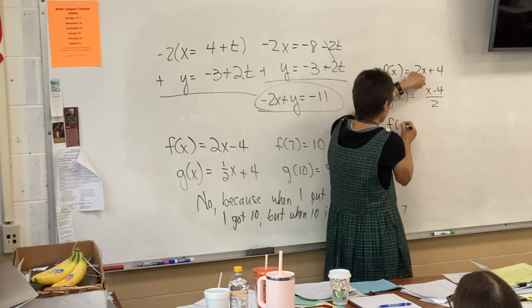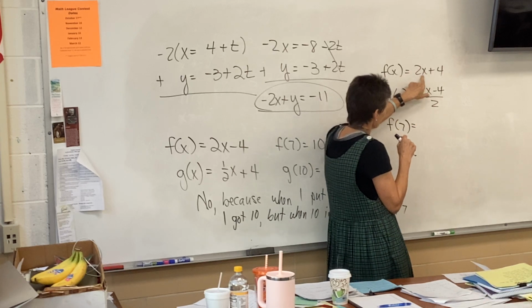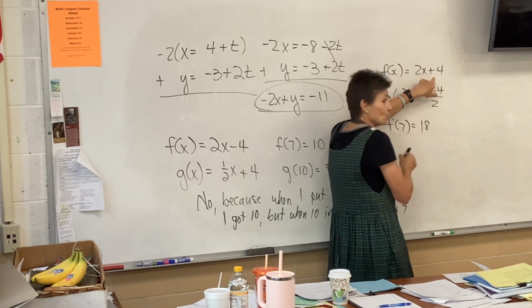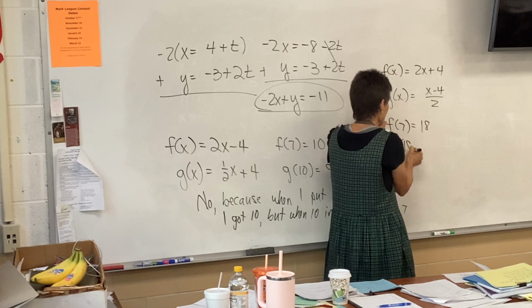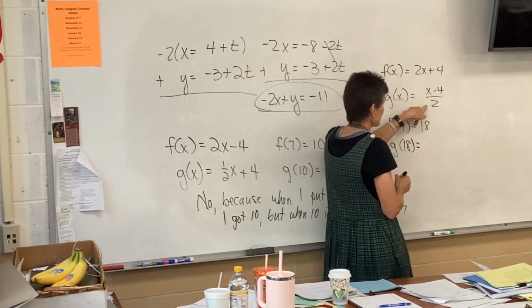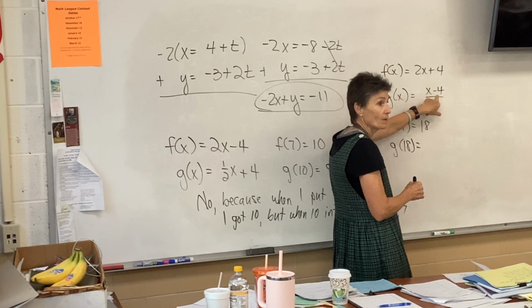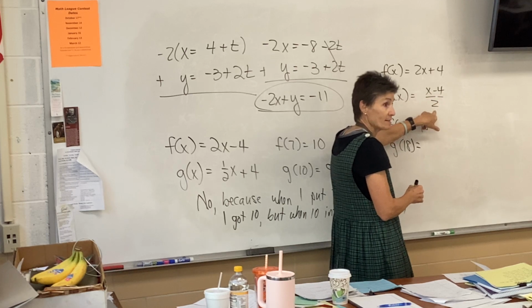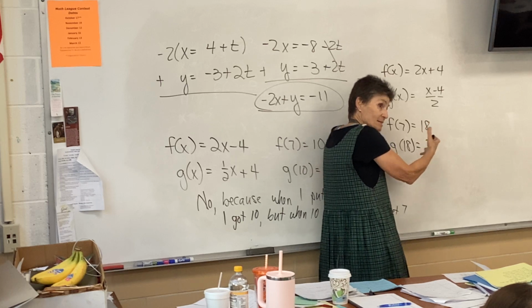I'm using 7, but you can use any number you want. If I put 7 in here, I get 18. Would you agree with that? Now, take the 18, take the answer, and put it into this one. What happens? 18 minus 4 is 14, divided by 2 is 7. That's inverses, when that happens.